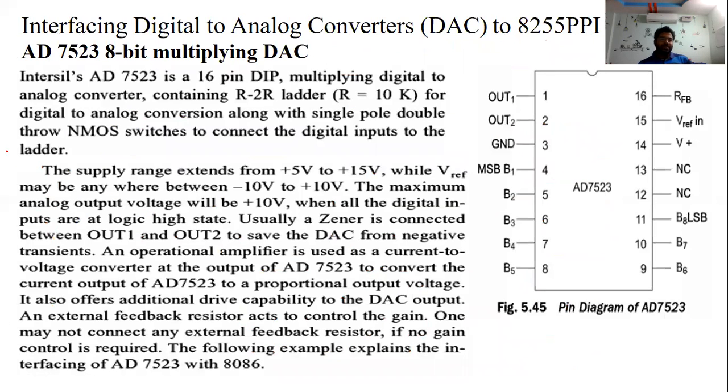Now see this first one, AD7523, 8-bit multiplying DAC, digital to analog converter. This is a 12-bit converter, sorry, this is an 8-bit, but this is a 16-pin IC.